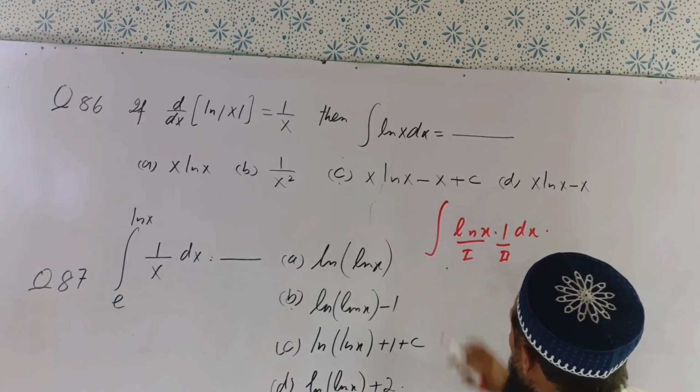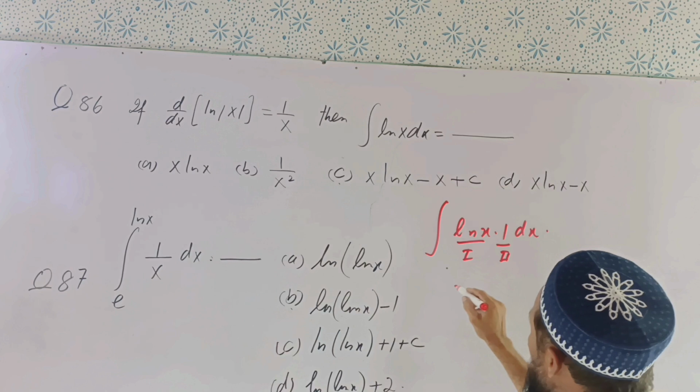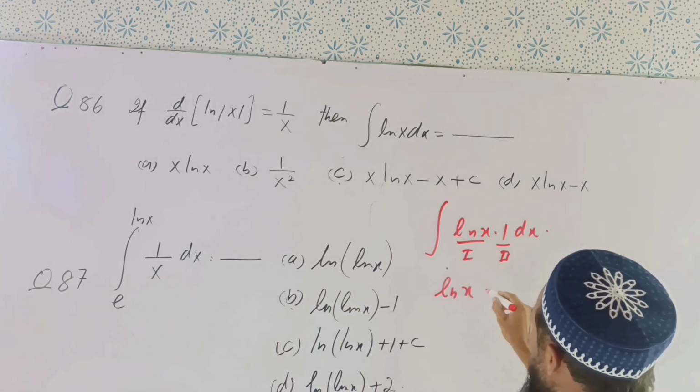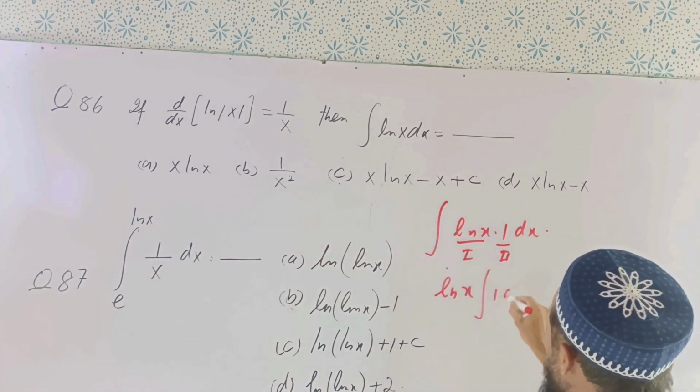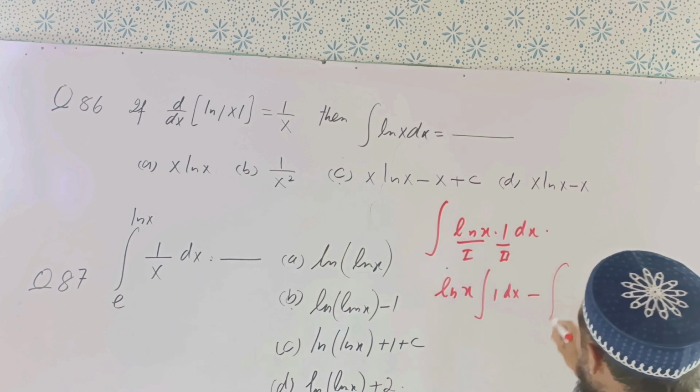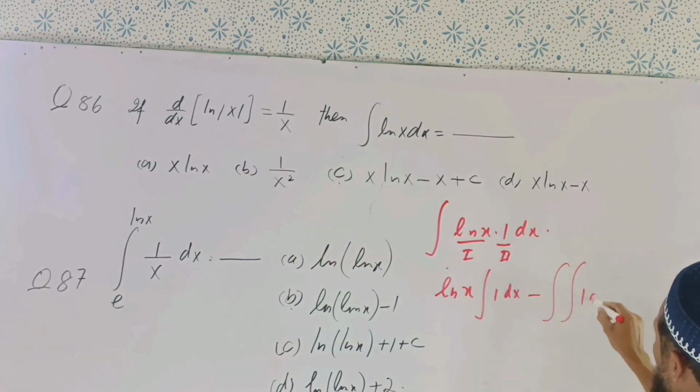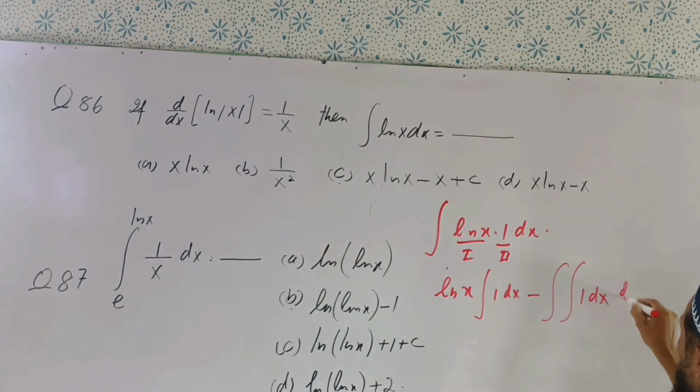So log of x stays outside, times the integration of 1 dx, minus the integral of the derivative of log of x with respect to x times the integral of 1, dx.